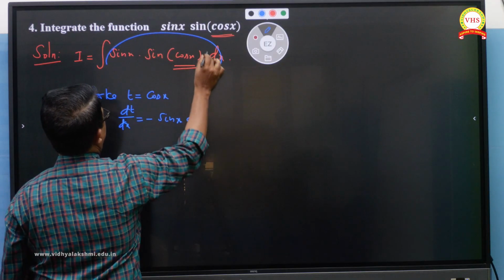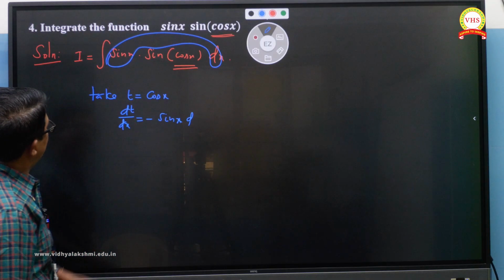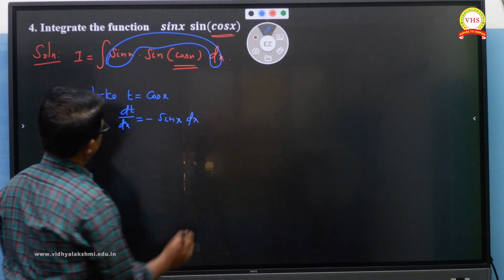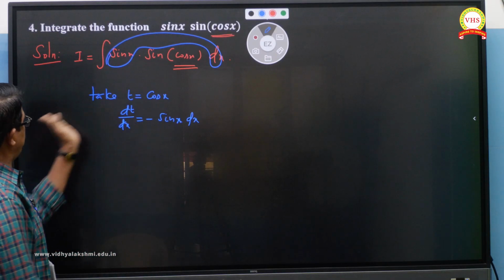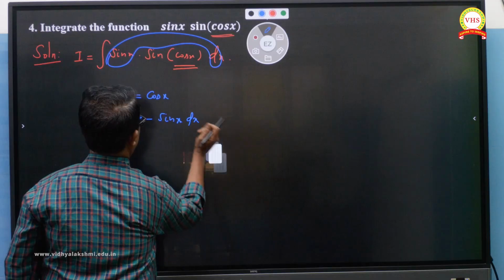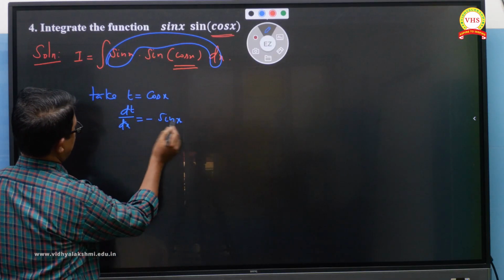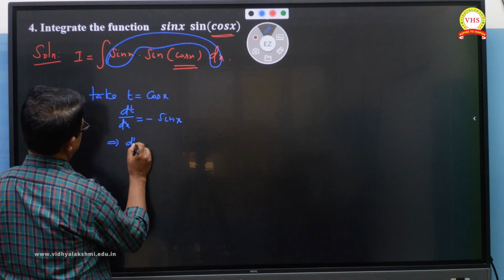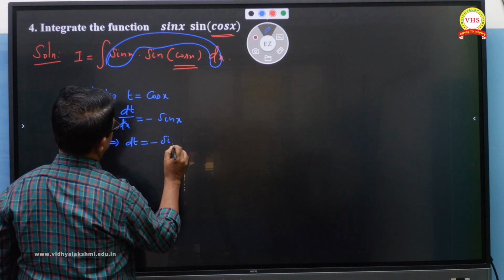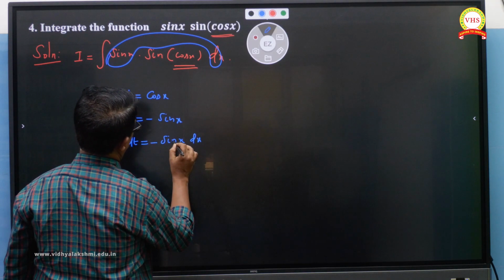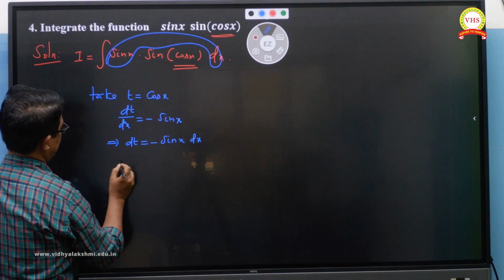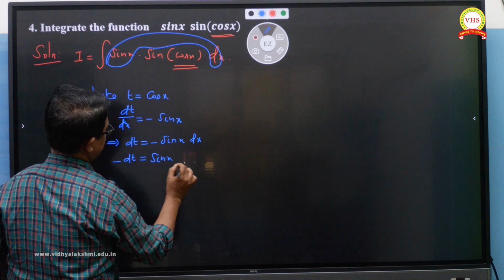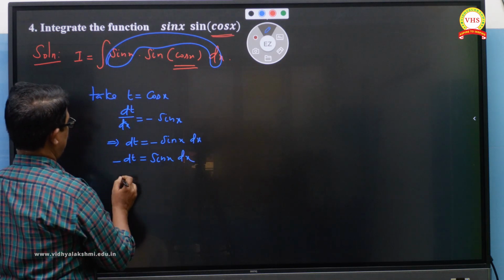Look at this. It is in the term of sin x dx. But here we have minus sin x dx. Finally we take dt equal to minus sin x into dx. We have only sin x dx in the integral. Therefore, taking the minus to the left-hand side, it becomes sin x into dx equals minus dt.